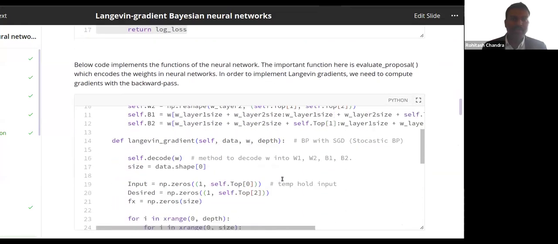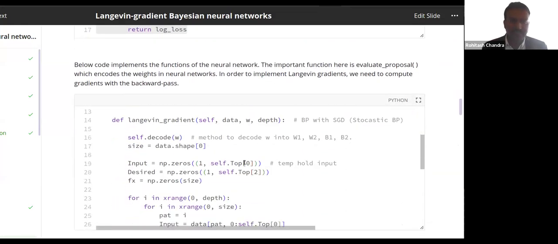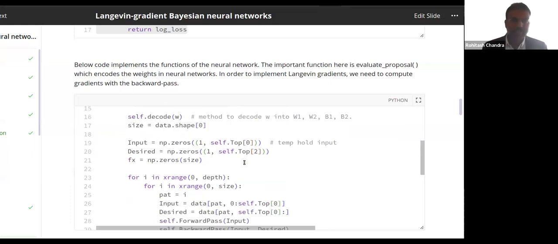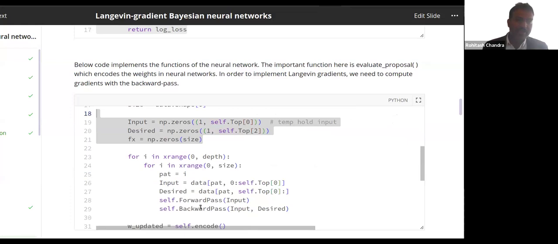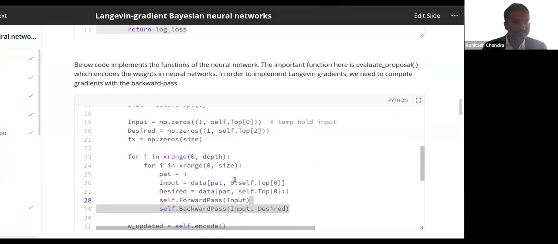We now have another function called the Langevin gradient function. What the Langevin gradient function does is the decode part, then it runs the forward pass and the backward pass for all the training examples in the data set.